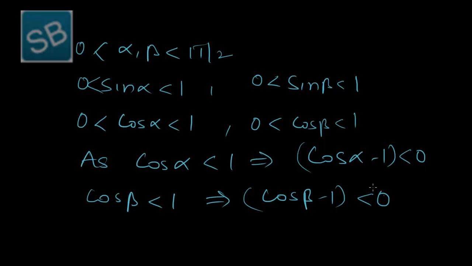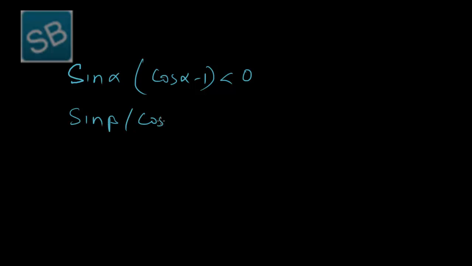As both quantities are less than 0 and sin alpha is positive between 0 to 1 and sin beta is 0 to 1, we get sin alpha into (cos alpha minus 1) less than 0 and sin beta into (cos beta minus 1) less than 0.